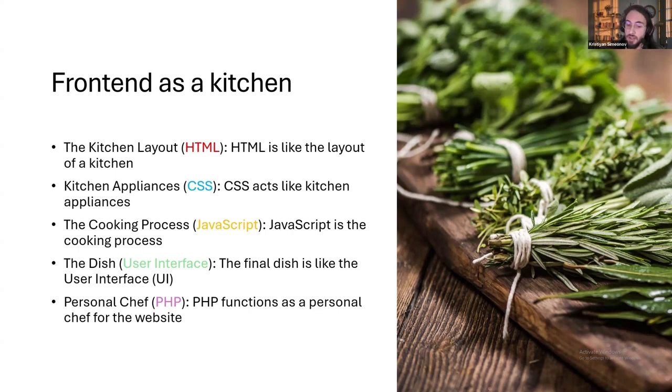It controls the color, font size, layout of the web page elements, making the site visually appealing. Like the way if you see on TV the kitchen of Gordon Ramsay, sometimes it may not be functional, but at least it looks pretty. That's the case for some websites as well. The cooking process, or the JavaScript.